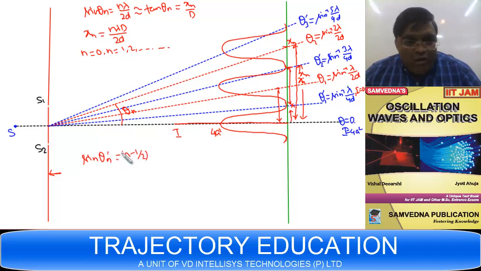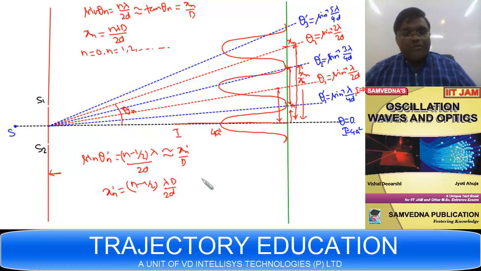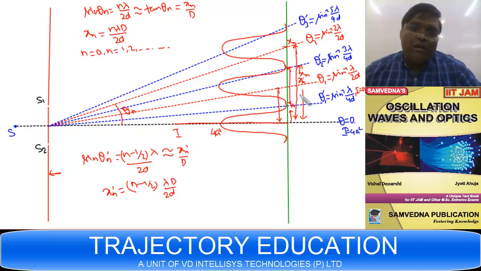We want to find the position of minima, which is equivalent to xn dash by d, sorry, 1, 2d. So the positions of minima are given by this expression on 2d. I put n equal to 1, I'll get the first minima. N equal to 2 will give you the second minima, and so on.